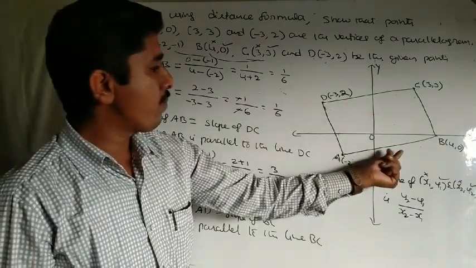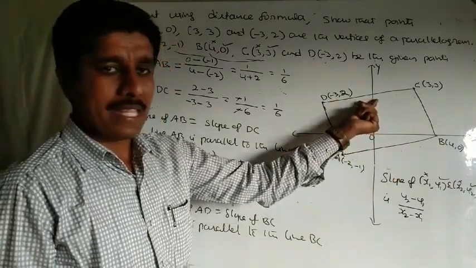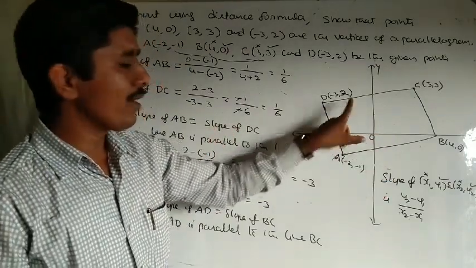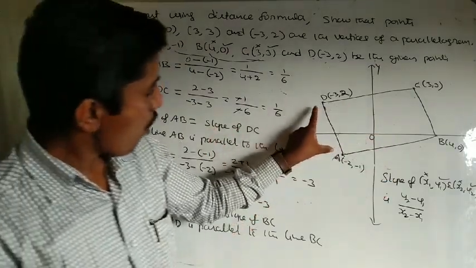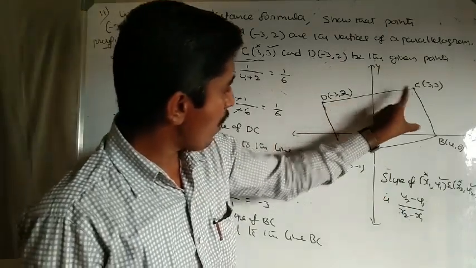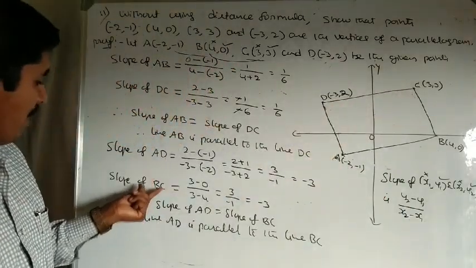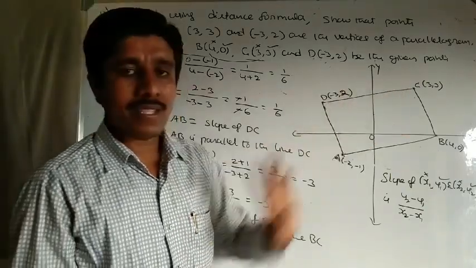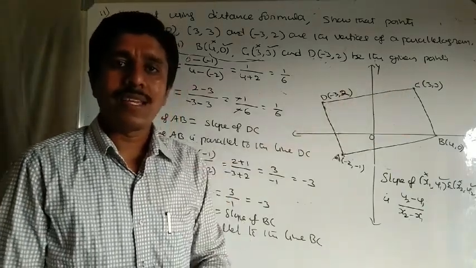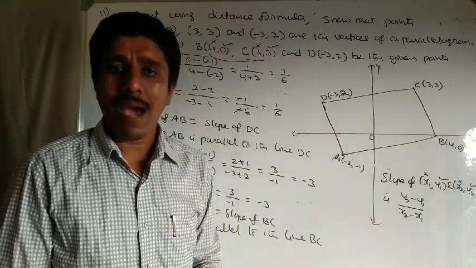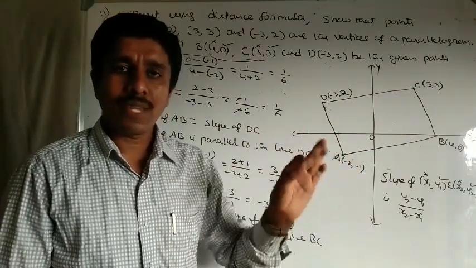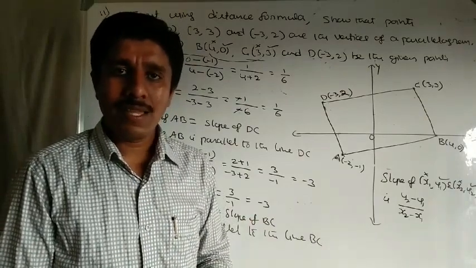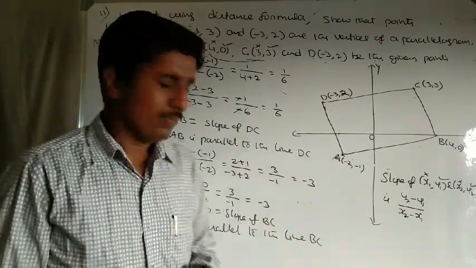Therefore the slope of AB is equal to the slope of DC, so line AB is parallel to line DC. Clearly the slope of AD is equal to the slope of BC, so line AD is parallel to line BC. Hence opposite sides are parallel. Therefore we can say that the given points are the vertices of a parallelogram.